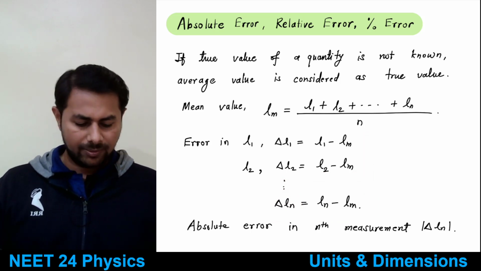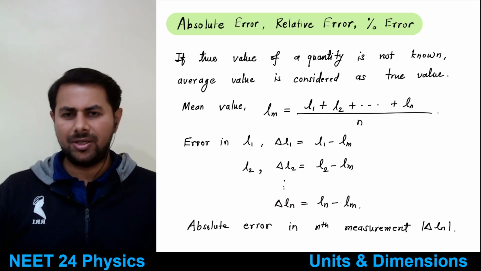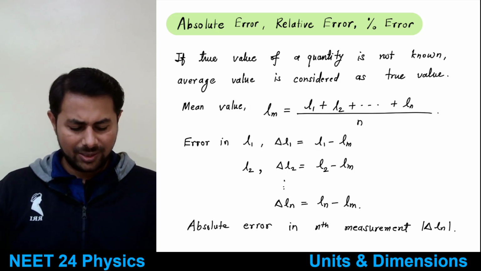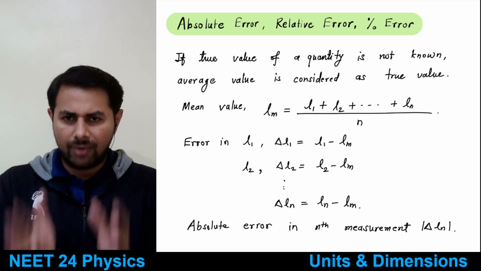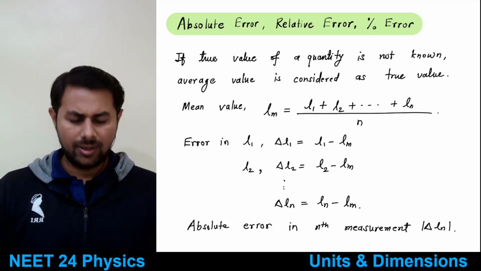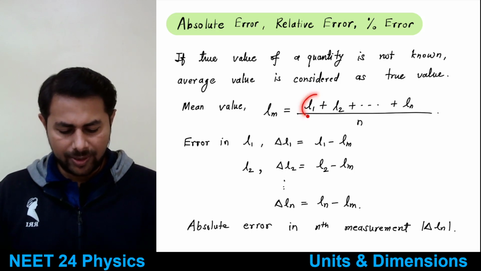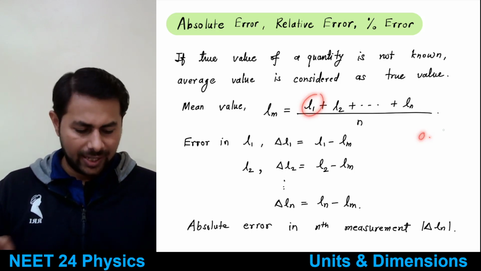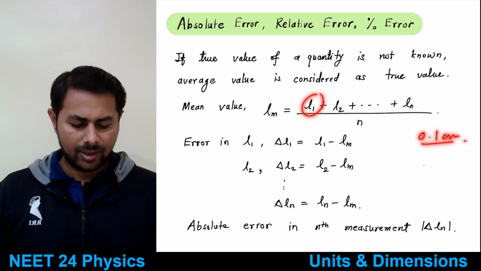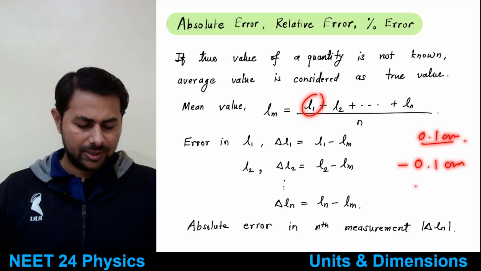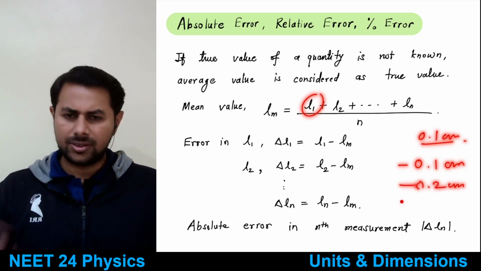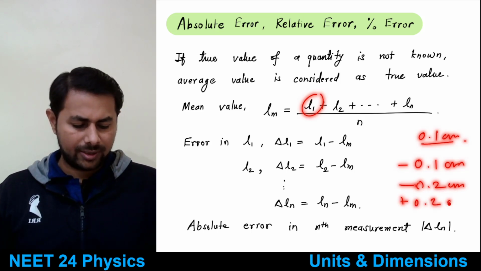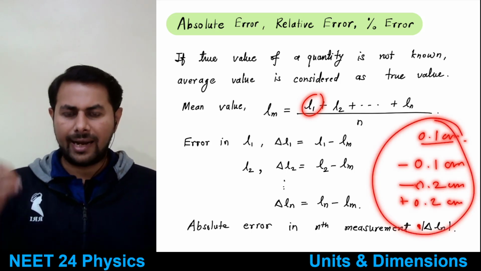But sometimes the error might be positive, sometimes negative, and suppose you want to find the average of these errors. For example, delta L1 is 0.1 centimeter, delta L2 is minus 0.1 centimeter, delta L3 is minus 0.2 centimeter, and some other reading is plus 0.2 centimeter, and you want to find the average error.